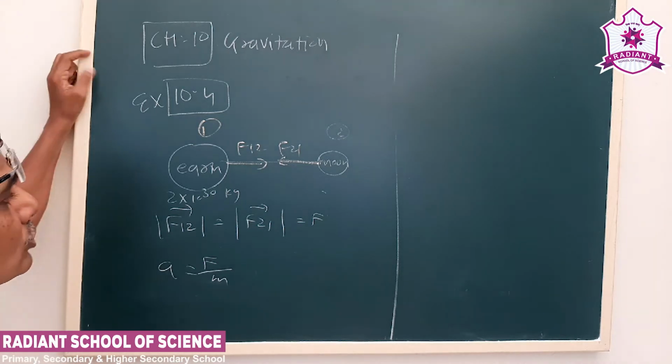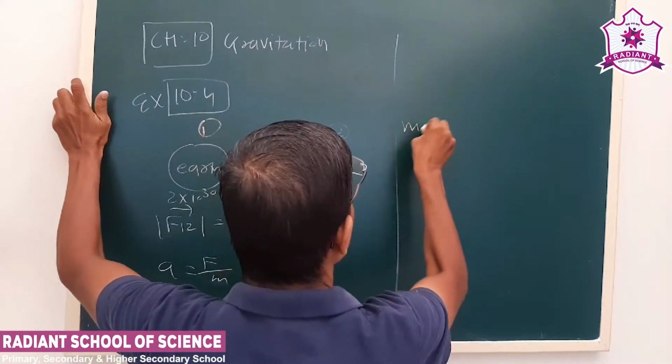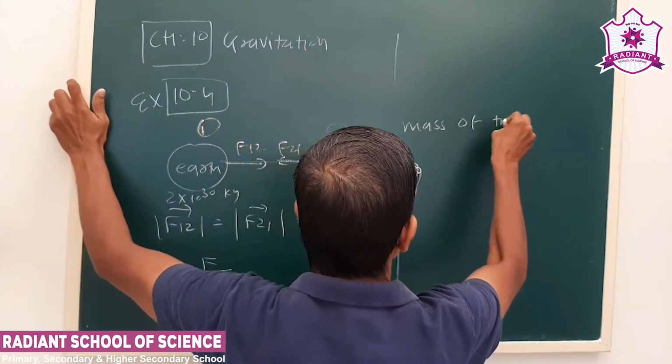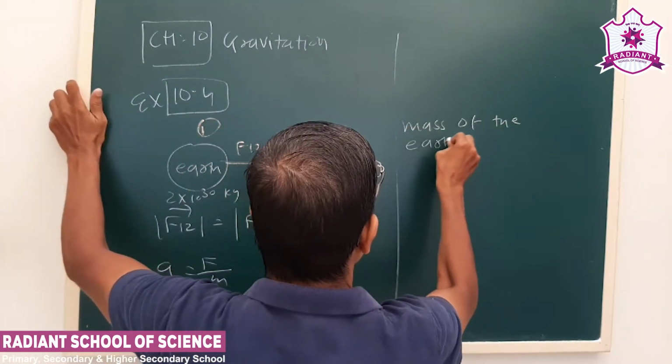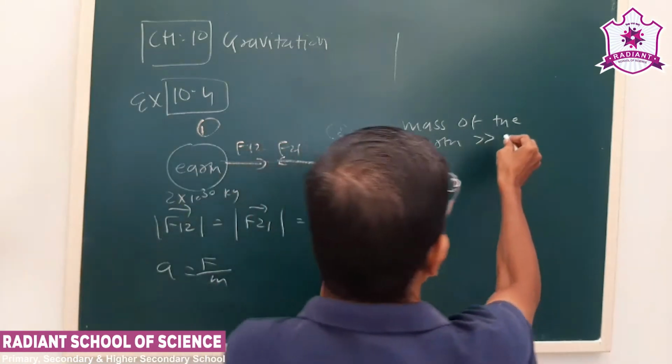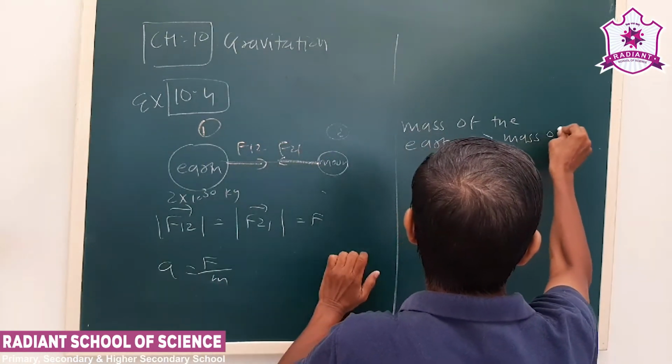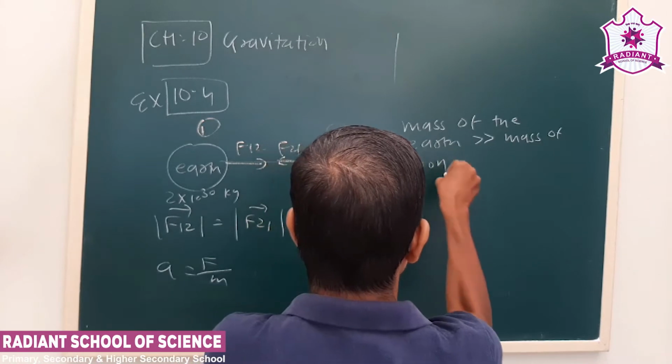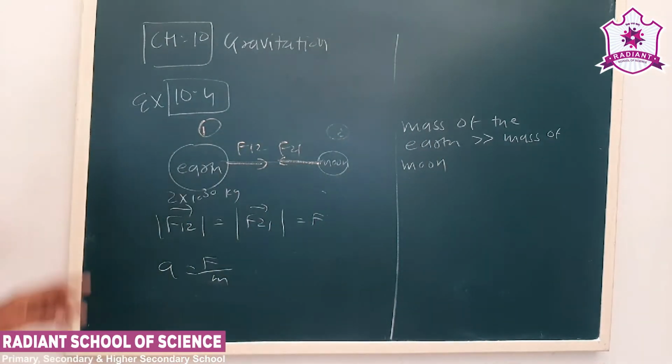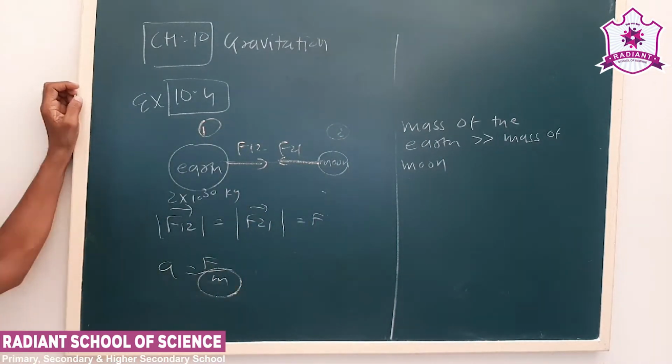So the mass of the earth is large compared to the mass of the moon. Now here, a is the acceleration.